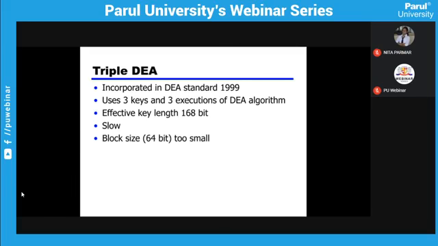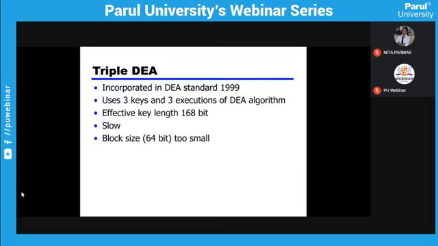So 3 into 3, or 9 times security is guaranteed in the triple DES algorithm. And the key used in triple DES has 168 bits. As it is using 3 rounds of encryption, it is very slow, and the block size used is 64 bits, which is very slow as well.